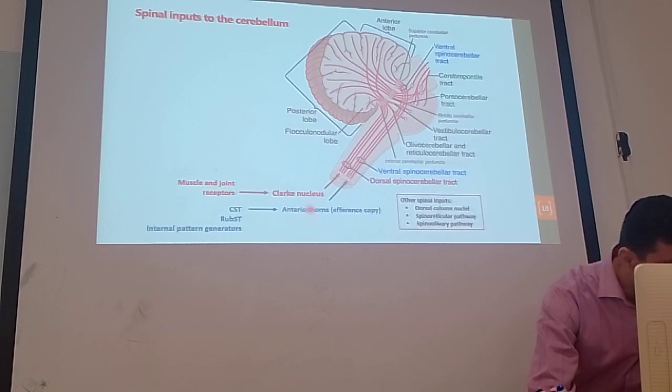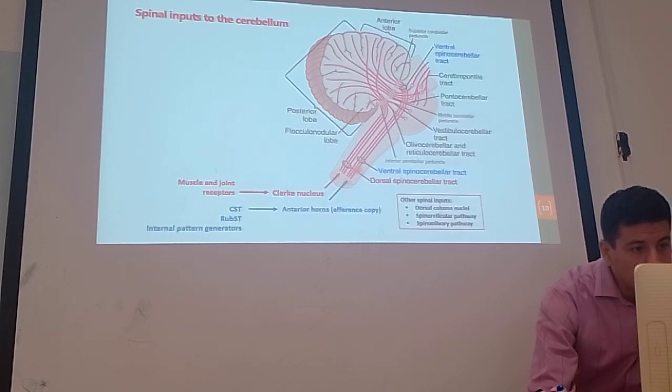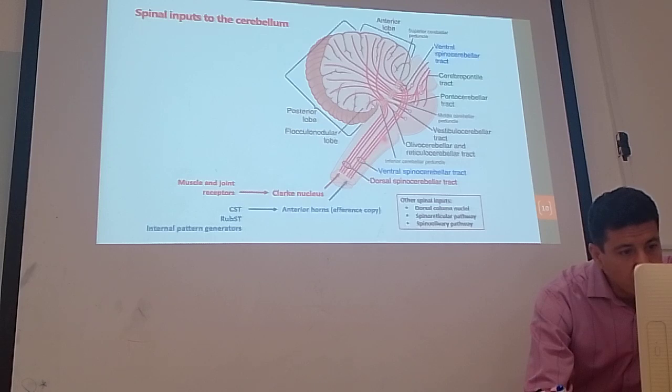From here, some of the relay neurons send back the information to the cerebellum through the ventral spinocerebellar tract and the superior cerebellar peduncle. They go to the cerebellum.